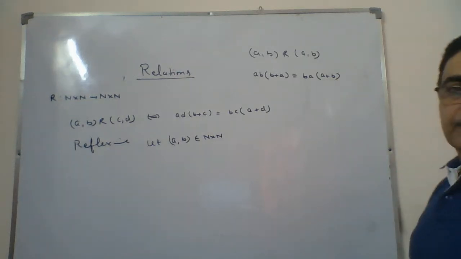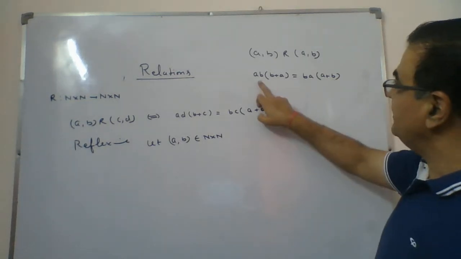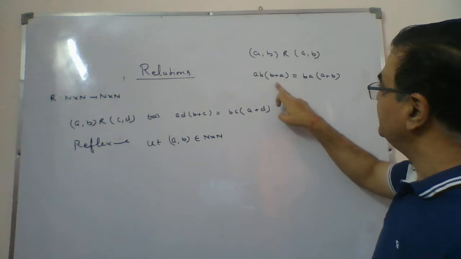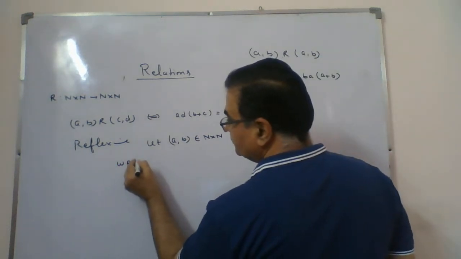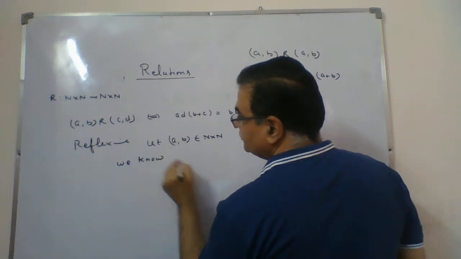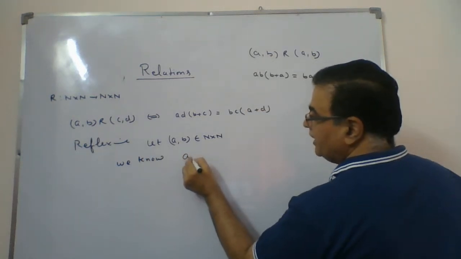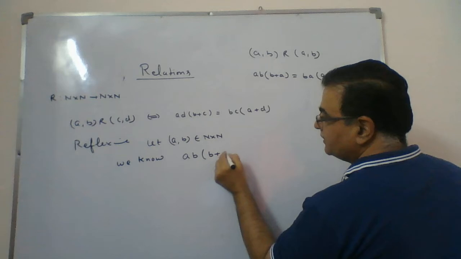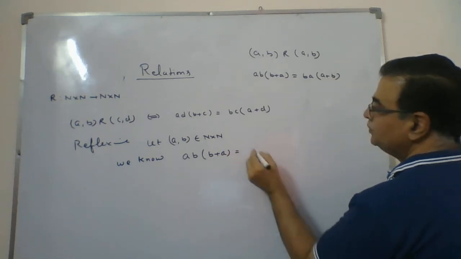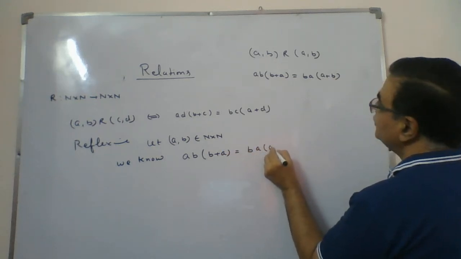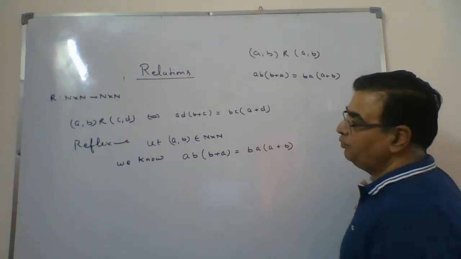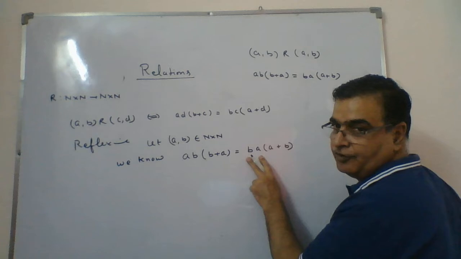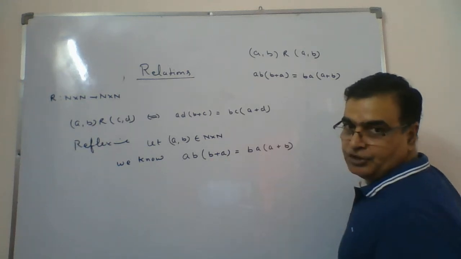Is something new we are getting? Just check here. AB is here, BA is here. You can write it as B plus A, A plus B. So we know AB into B plus A should be equal to BA into A plus B. Nothing new we are writing. This is for natural numbers. The product is commutative here, addition again is commutative here.